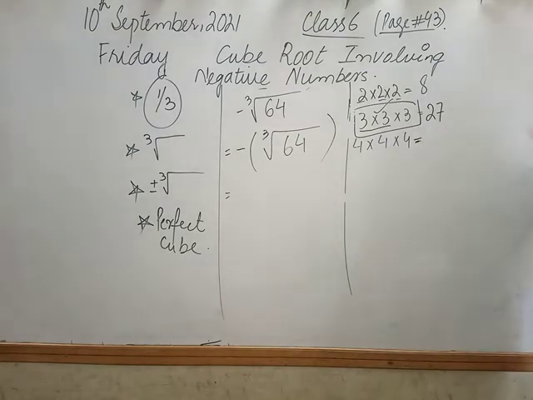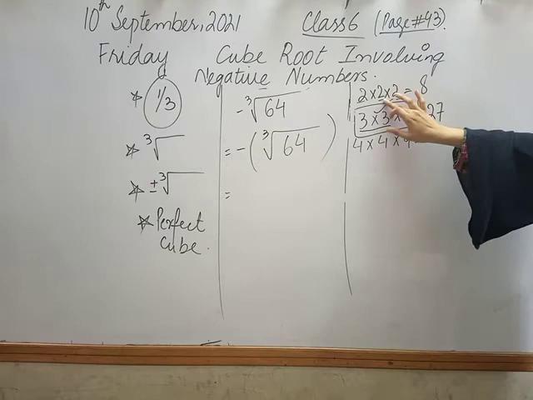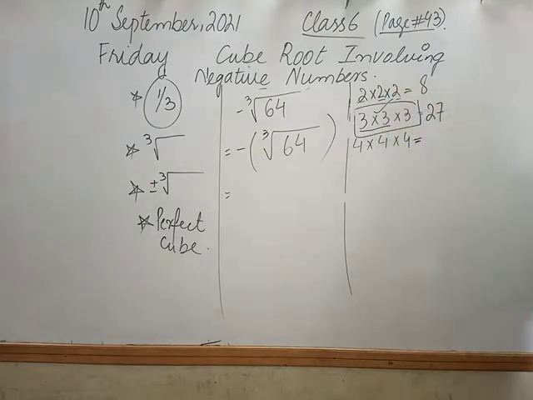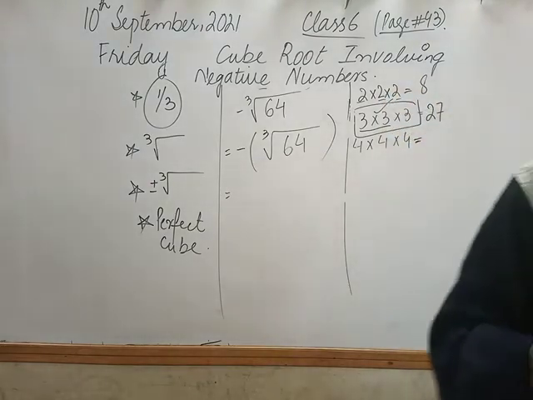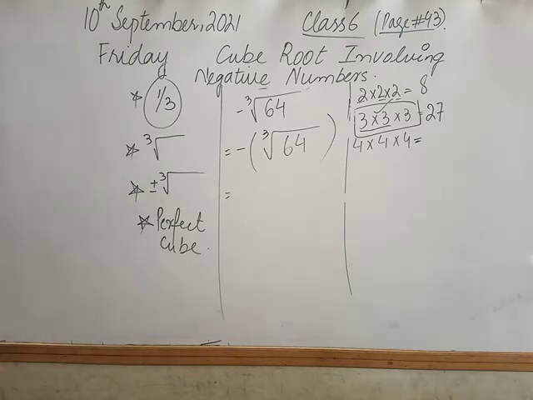portion, which is this. I am going to start from number 2. 2 is repeating 3 times. When I multiply 2 three times, I have 8. Okay? Moving to the next, which is 3. When I multiply it 3 times, I have 27. Now, in the end, I have number 4.